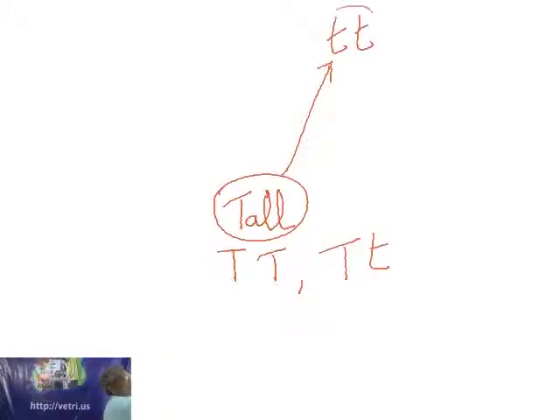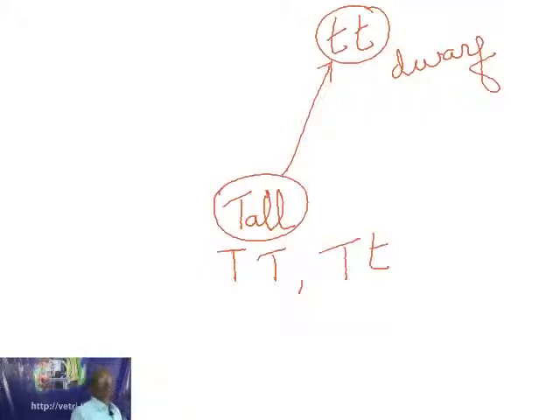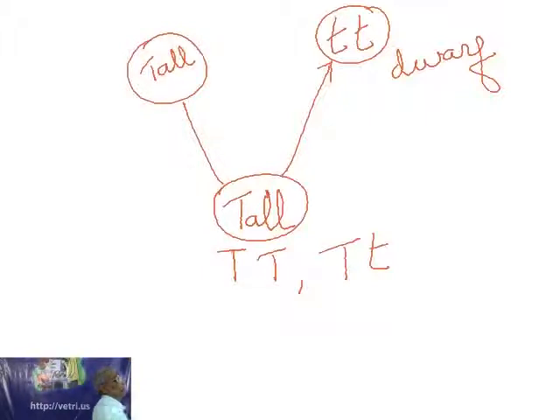Because you know this plant is a dwarf plant, and you have got a ready stock of the dwarf plant there. But instead of crossing this tall plant with this, if you choose to cross it with another tall plant, now what happens?